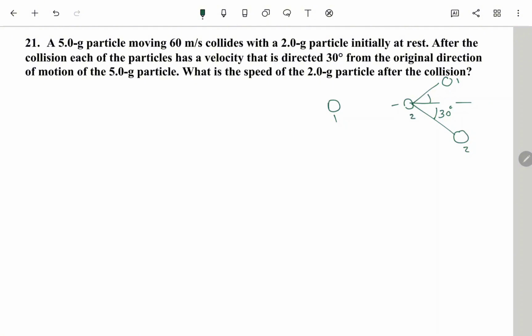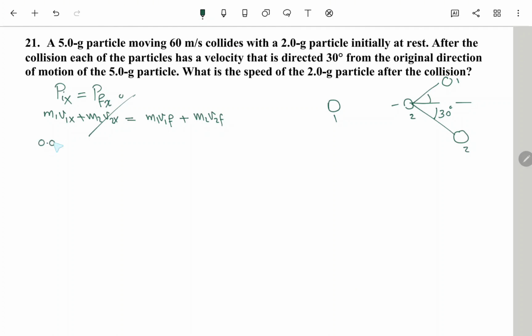Now to solve this one, let's use P initial x equal to P final x. So m1 v1x plus m2 v2x equal to m1 v1 final plus m2 v2 final. This one will be equal to 0. Now we substitute the numbers.